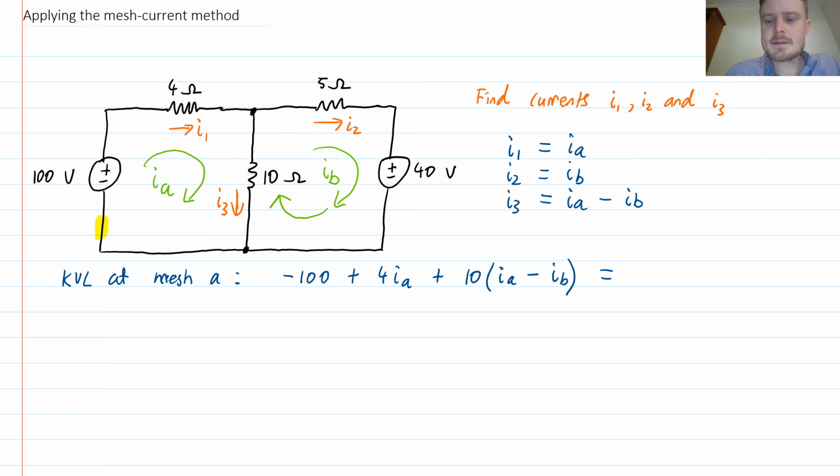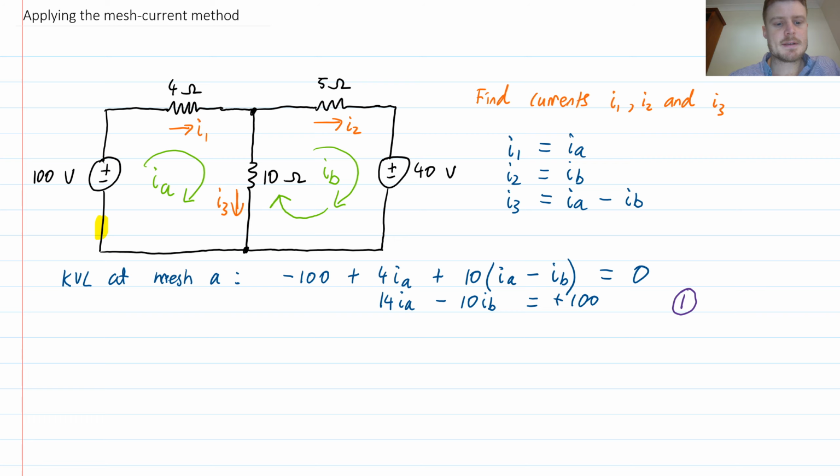At this point I'm back to where I started, so this is all equal to 0. I can now simplify and collect like terms. This will give me 14IA minus 10IB equals 100, and I will call that equation 1.